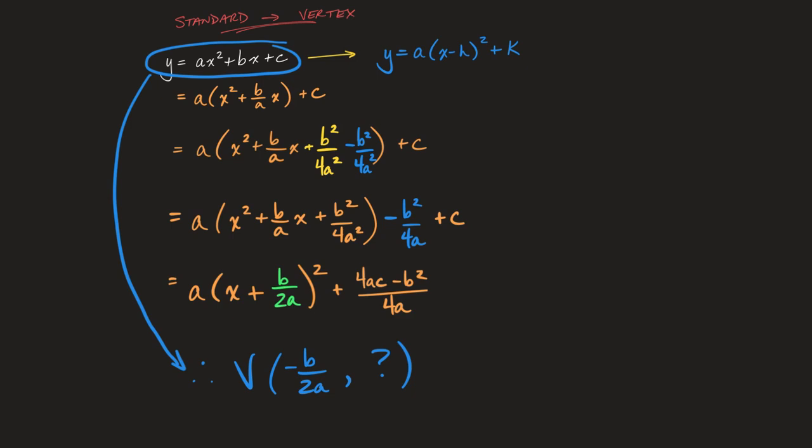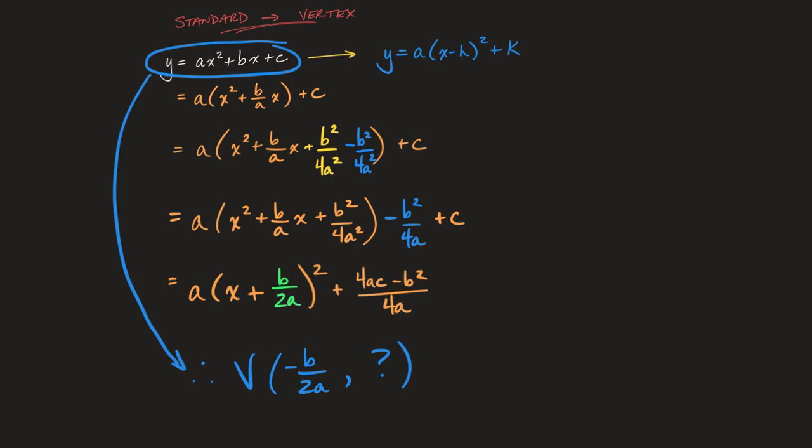It's always negative b over 2a. That becomes an extremely useful property for me. Extremely useful. And that's what I want you to focus in on. We now have a means to go through and address changing a standard form into vertex form.